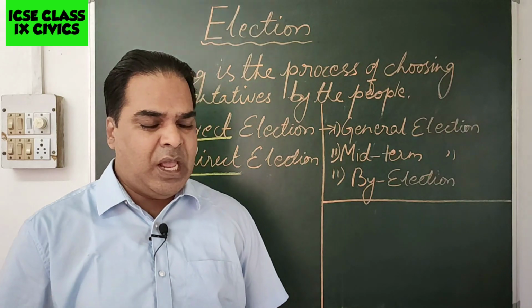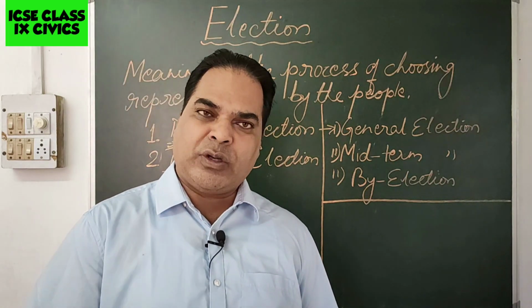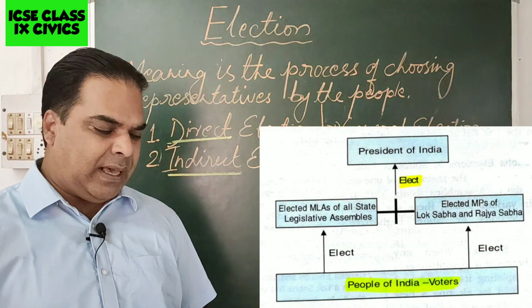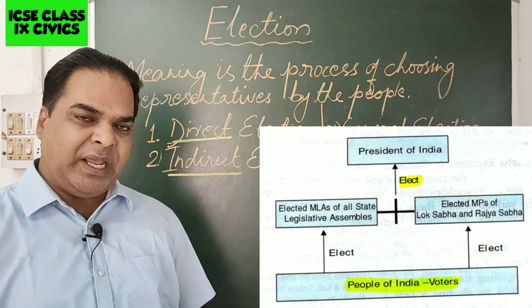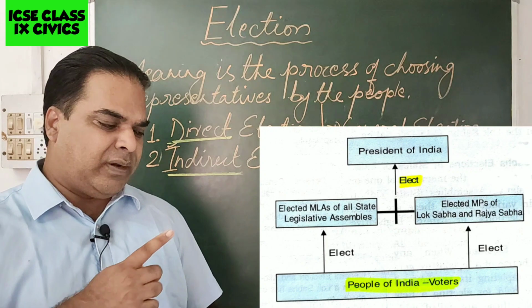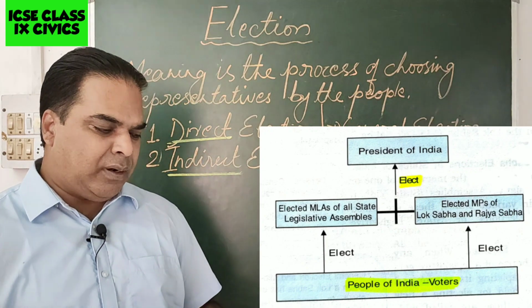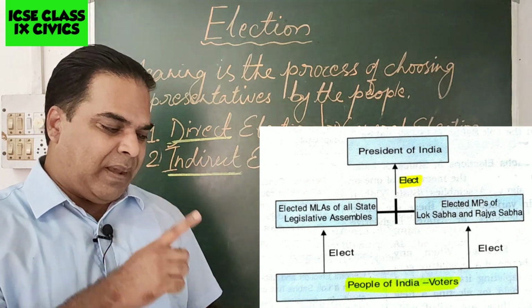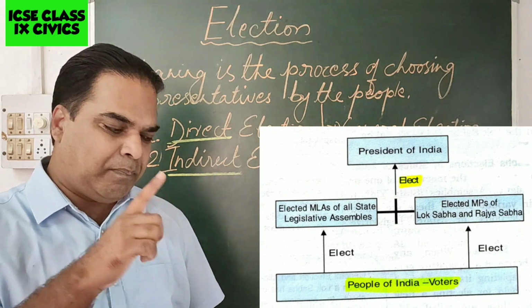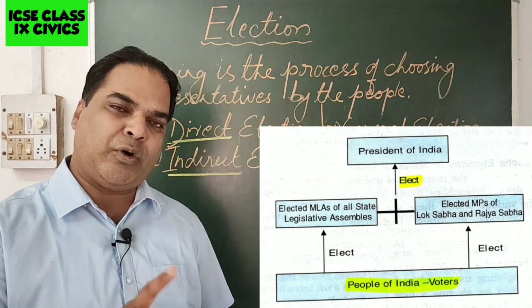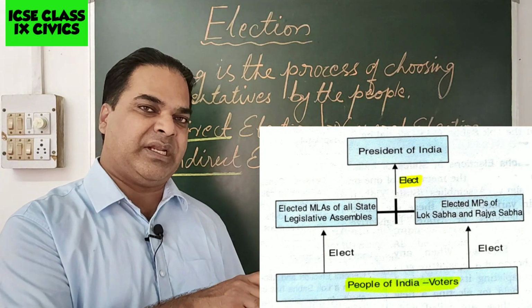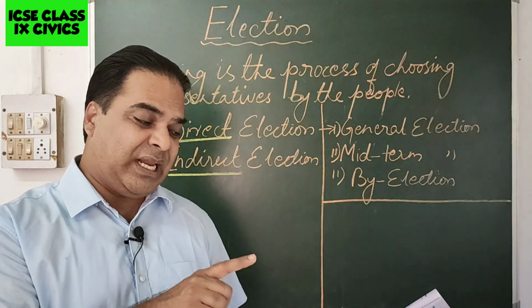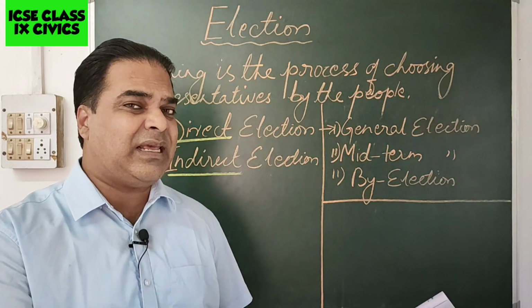So here what we do is, the members of Lok Sabha and Rajya Sabha are elected by the people. You can see the chart. People of India, they are the voters. The people of India elect the members of Lok Sabha and Rajya Sabha and the members of state legislative assemblies, and these members together elect the president. So who is directly electing the president? The president is elected directly by MLAs and MPs.